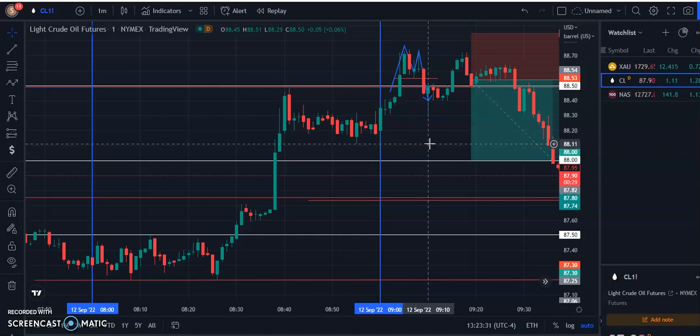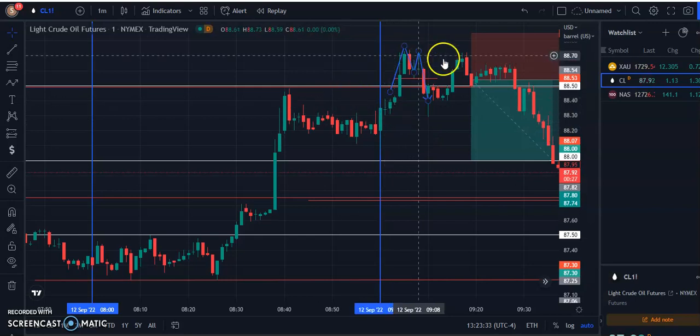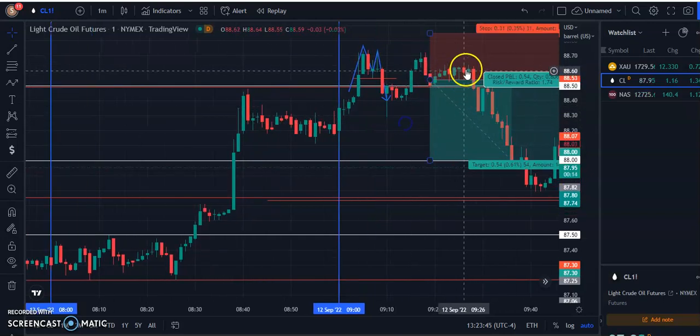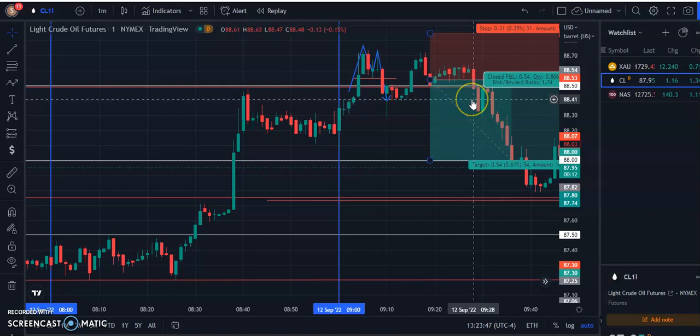But this M pattern above double zeros after a 3 push pattern was confirmation for me that this engulfment was a nice entry for me. And as you can see, it was a nice setup, but also there was another entry at 9:28, another engulfment.